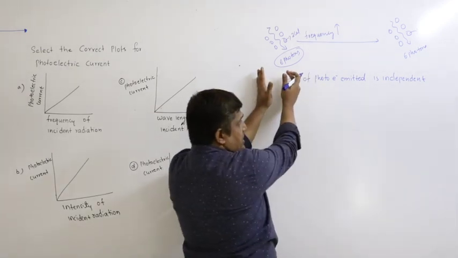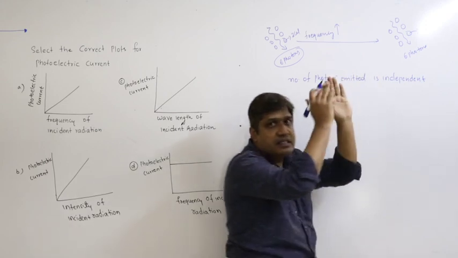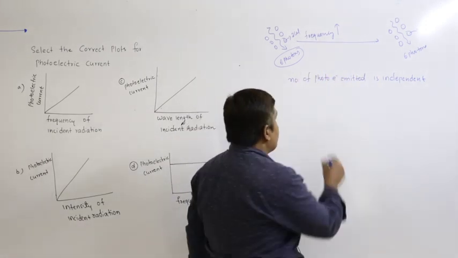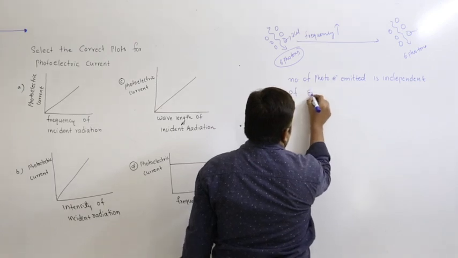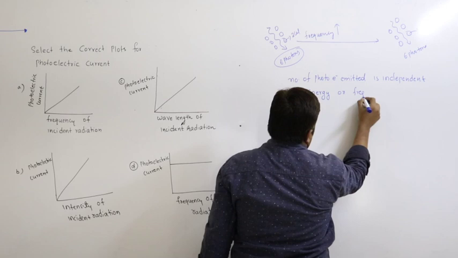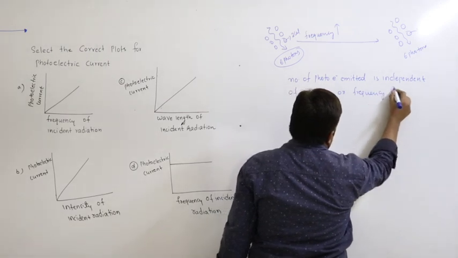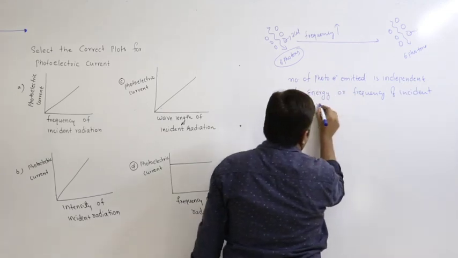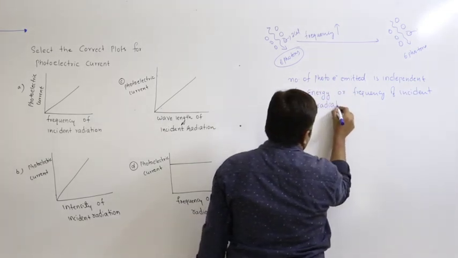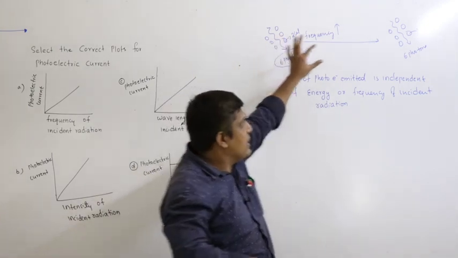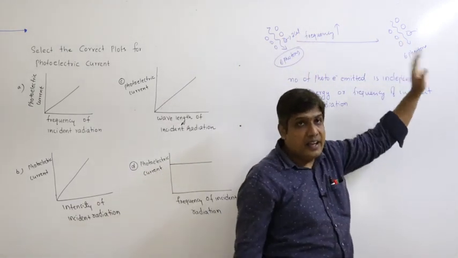The number of electrons here and here are the same. So the number of photoelectrons emitted is independent of energy or frequency of incident radiation. What is the difference? Here they have less kinetic energy, here they have more kinetic energy.